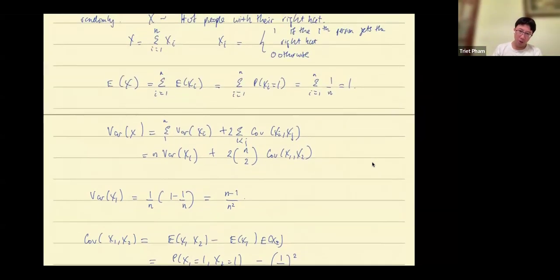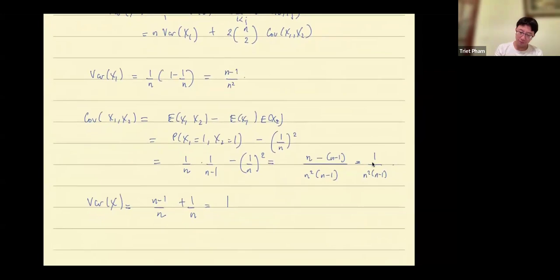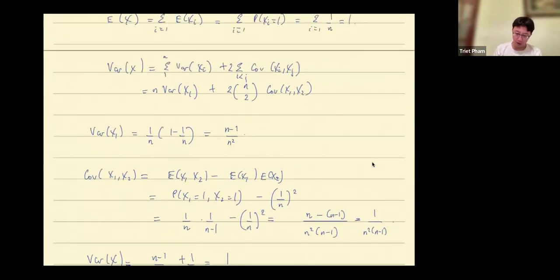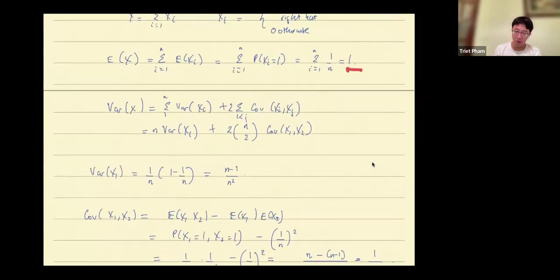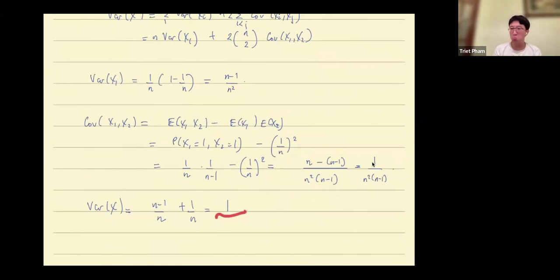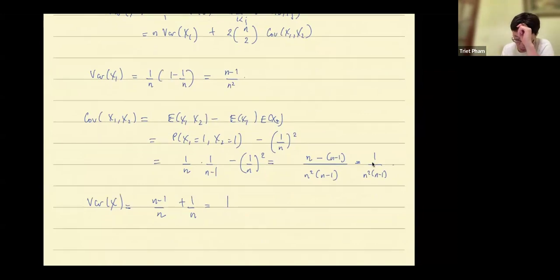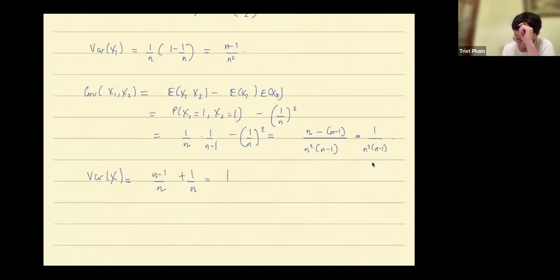So this is a rather interesting random variable whose expectation equals its variance, no matter what n is. There is a result, which we won't deal with in this course, called the asymptotic distribution.